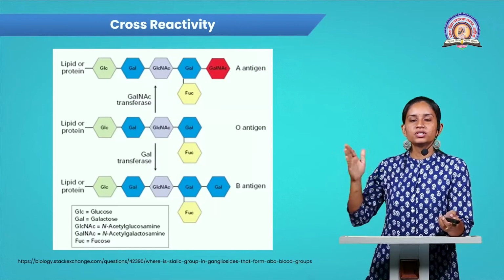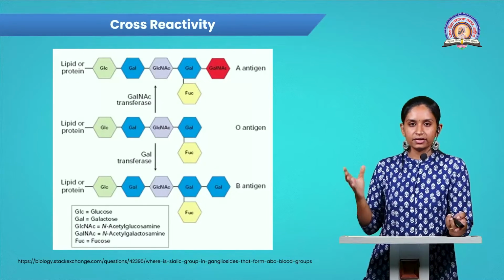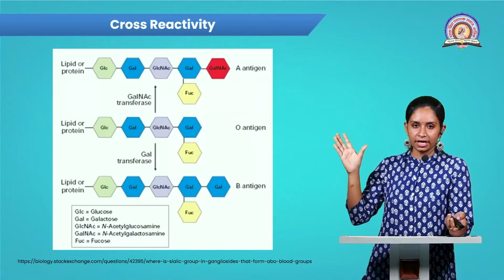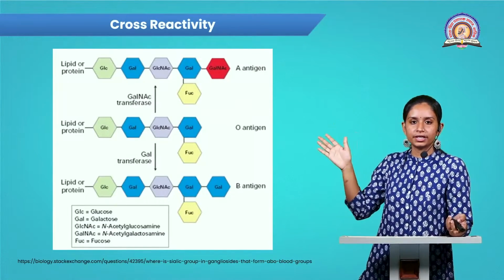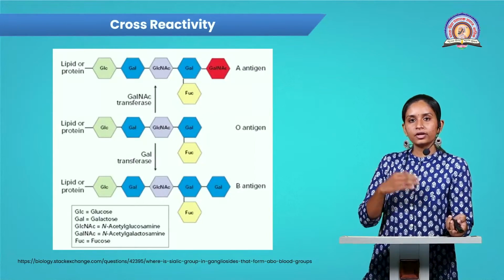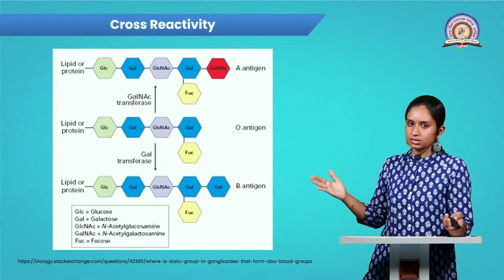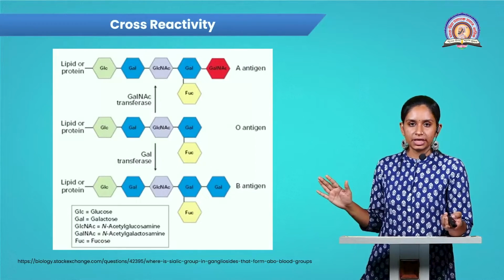Now if N-acetyl galactosamine is added on this O antigen, you can see a red residue added, and it results in the formation of A antigen. And if galactose is attached instead of N-acetyl galactosamine, you can see the B antigen. So this is the structure of B antigen.